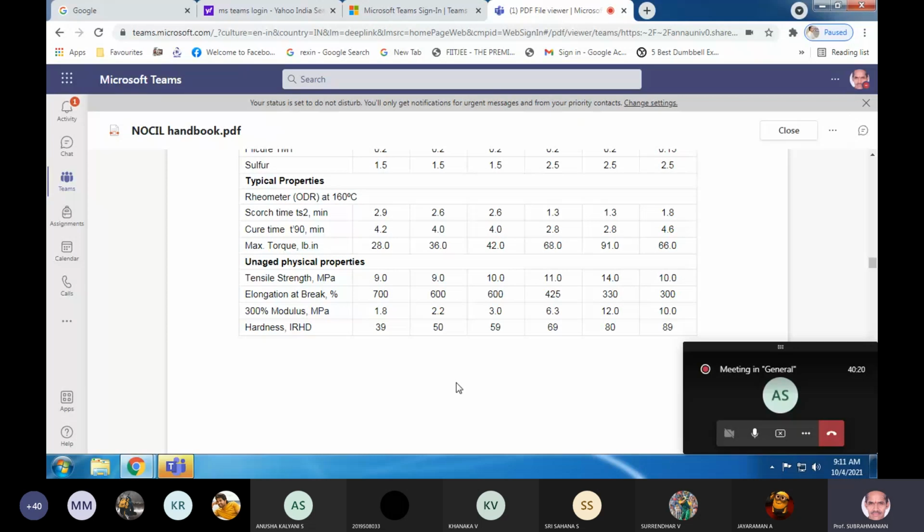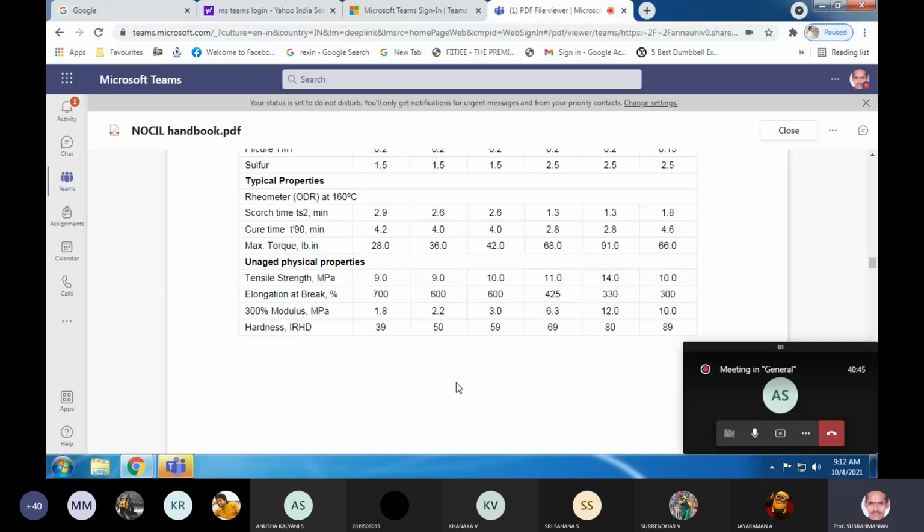Okay. So cure time, and the last one is the maximum torque, that tells you how much solid character has been created in converting the plasto-elastic to viscoelastic.